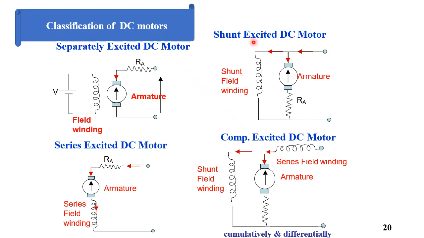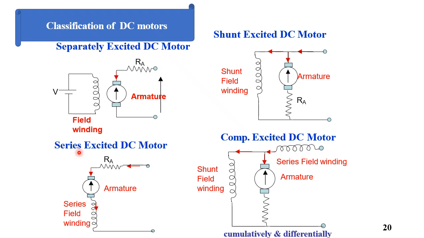The second connection is a shunt-excited DC motor. We have the shunt field winding, which is connected in parallel with the armature, which is composed of the back-induced EMF and resistance of the armature, and all of these are connected in parallel to the supply voltage, which is the battery.